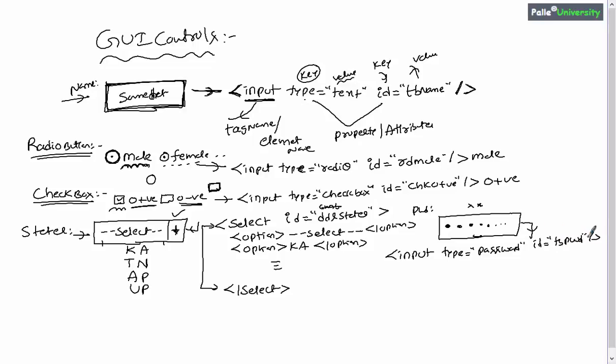In a similar way, in many cases in web applications, you might require to create a text box which is capable of taking email IDs. So if you want to create a text box capable of taking an email ID, in general you will write input type equals email and maybe ID equals TB email, close, right?